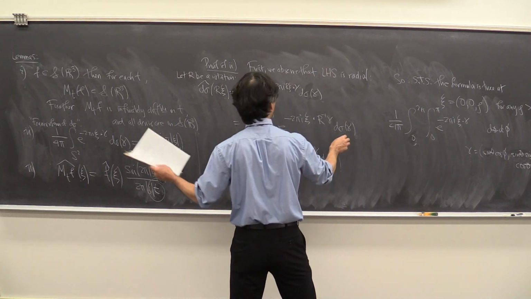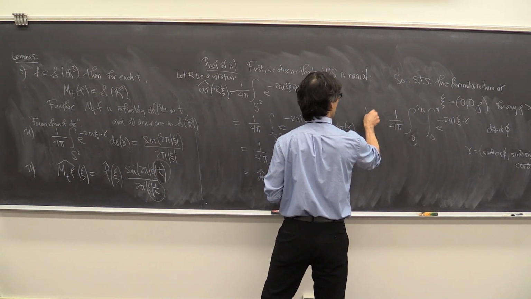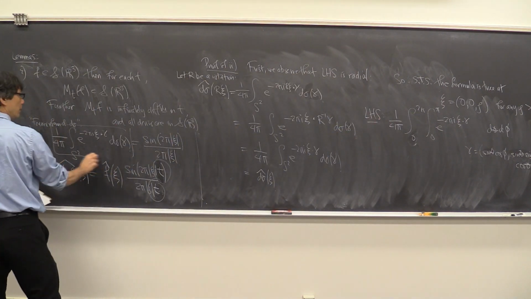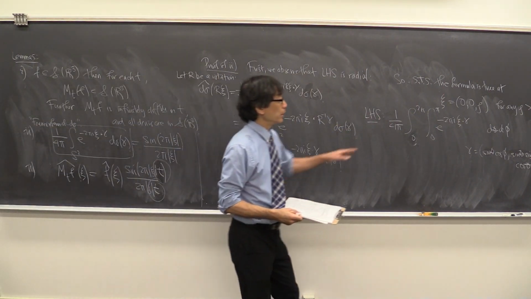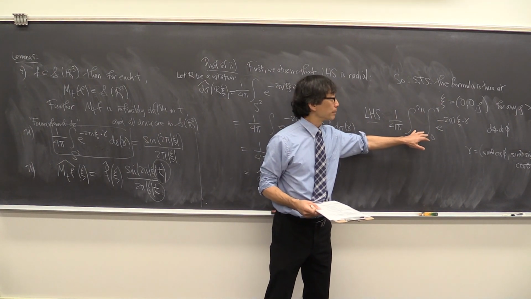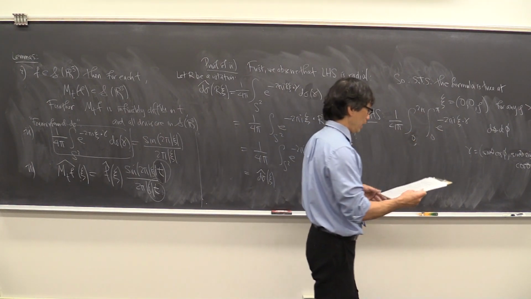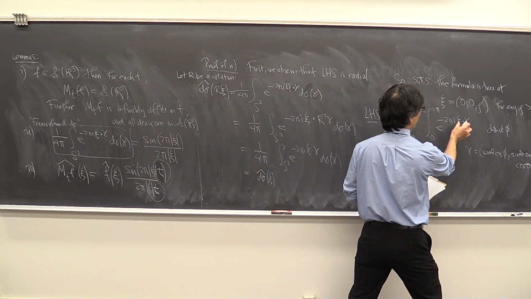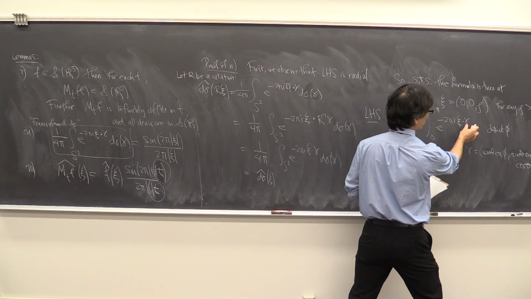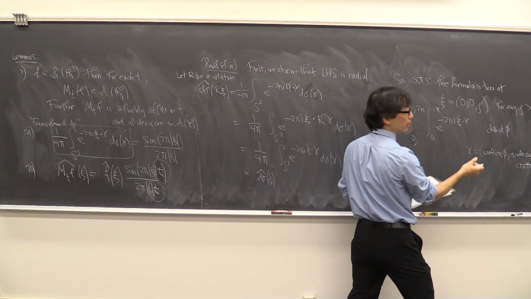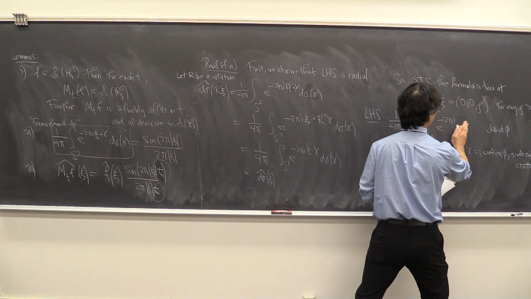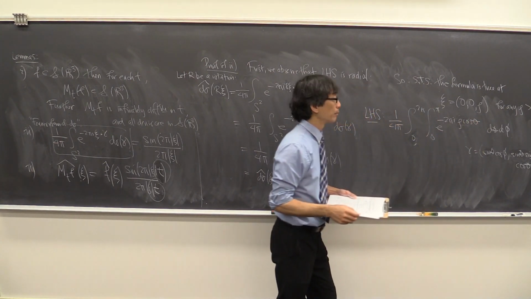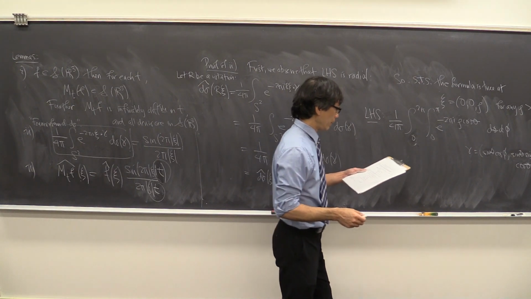The left-hand side here is just this by definition, right? And so we have x c dot gamma is just going to be rho cosine theta. This is rho cosine theta, right?